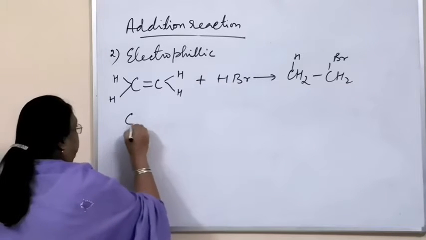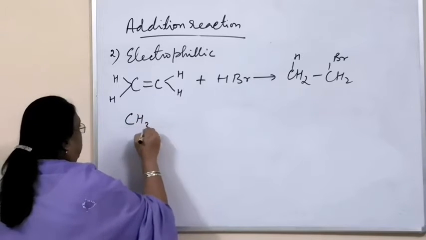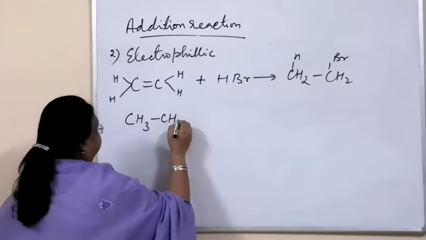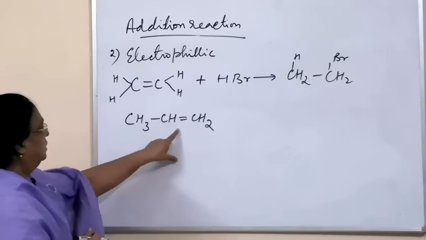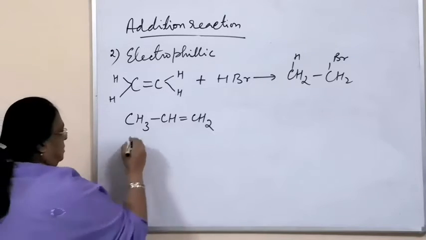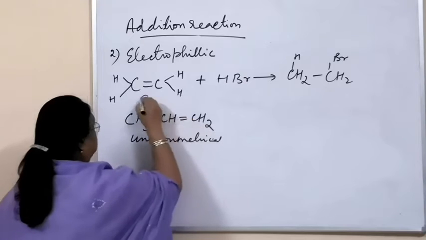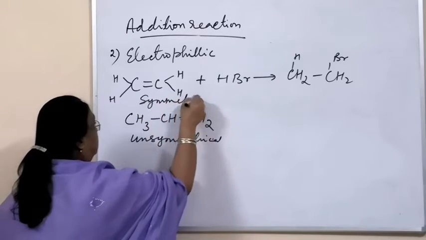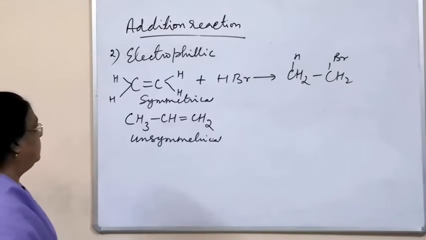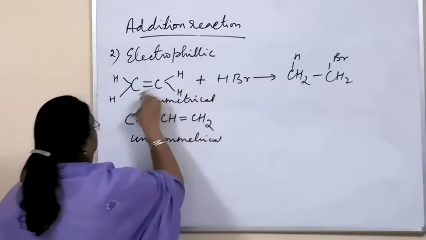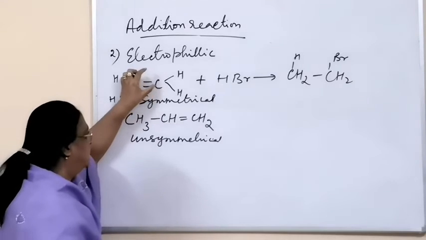I give you another example of alkene, that is CH3CH=CH2. Here also it is an alkene, but this alkene is unsymmetrical, and this is symmetrical. This is an important thing you need to remember for electrophilic addition. Symmetrical means that on either side of the multiple bond, the same number of carbon atoms are there.